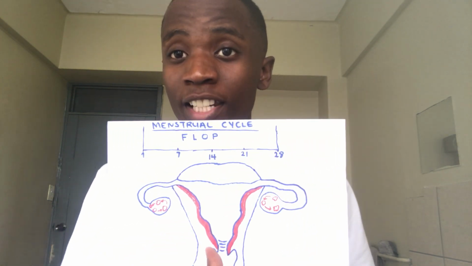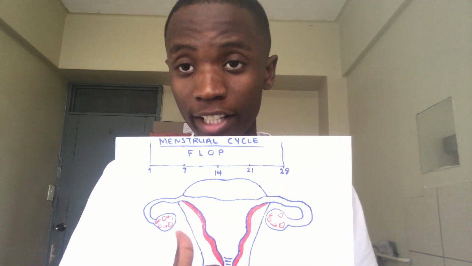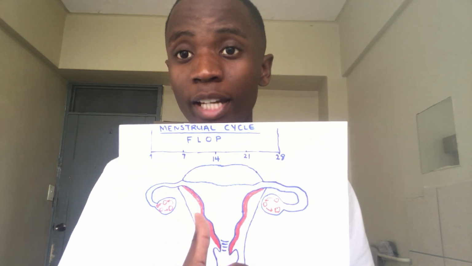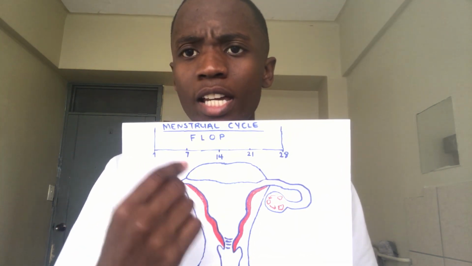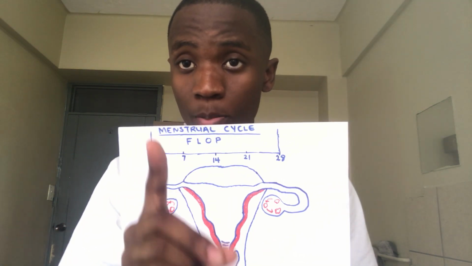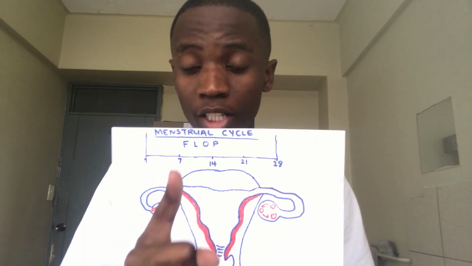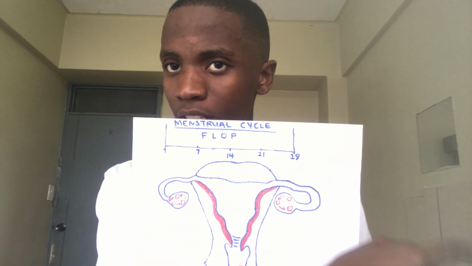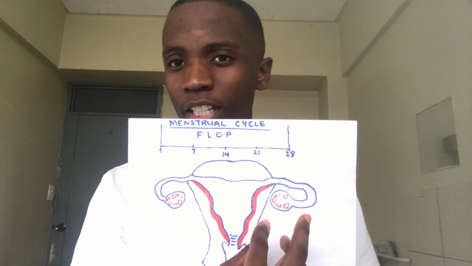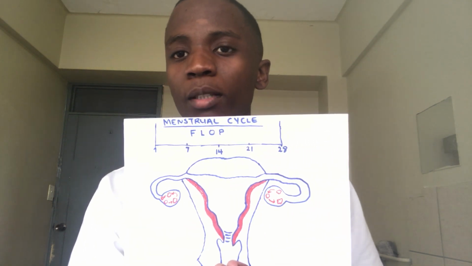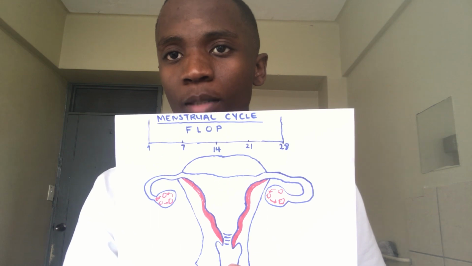Because if FSH is secreted during pregnancy, because this egg has been fertilized and attached here, the female is pregnant. That's the reason why there is no menstruation during pregnancy, because FSH is not stimulating the follicle to restart the process from day one up until ovulation, which leads to the bleeding of the endometrium wall.